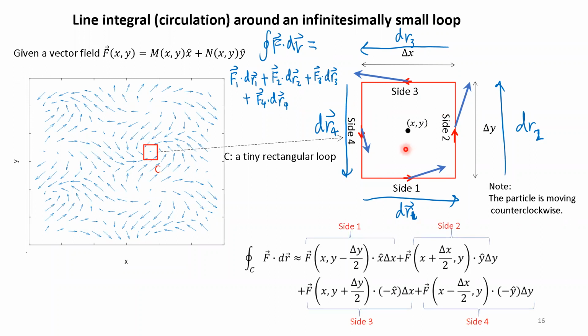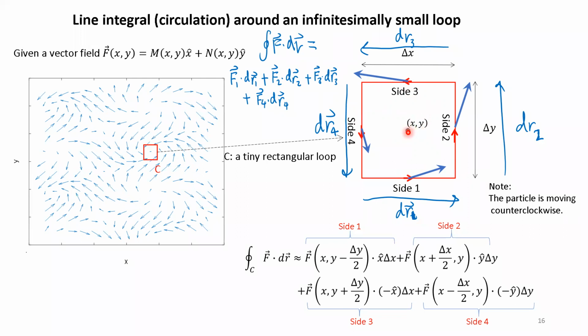With that, I'm going to write this line integral as a sum of four terms. Be careful for each term. This is side 1. What is the F value at this point? I forgot to mention that at the center of the square loop, I say the coordinate is x and y.